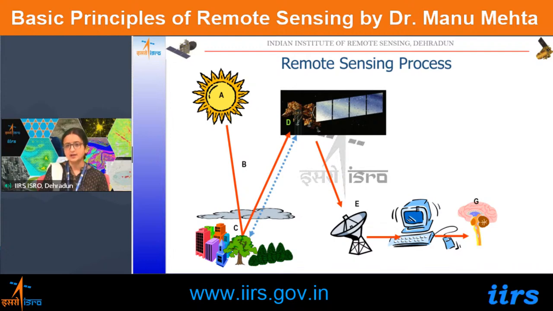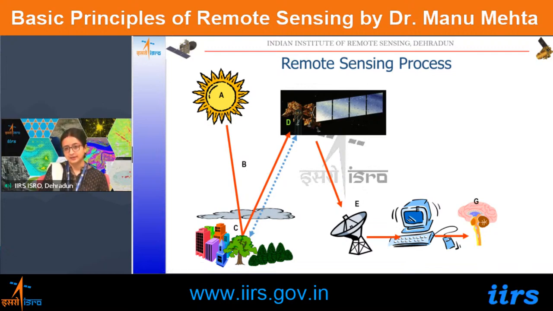Your camera is sensing the signals coming from you, but your mobile handset also has a flash, which is a source which illuminates you first, and then the backscattered or backward flown energy is recorded by the camera. Similarly, if I use a source on the platform along with a sensor, what will be the combination here?